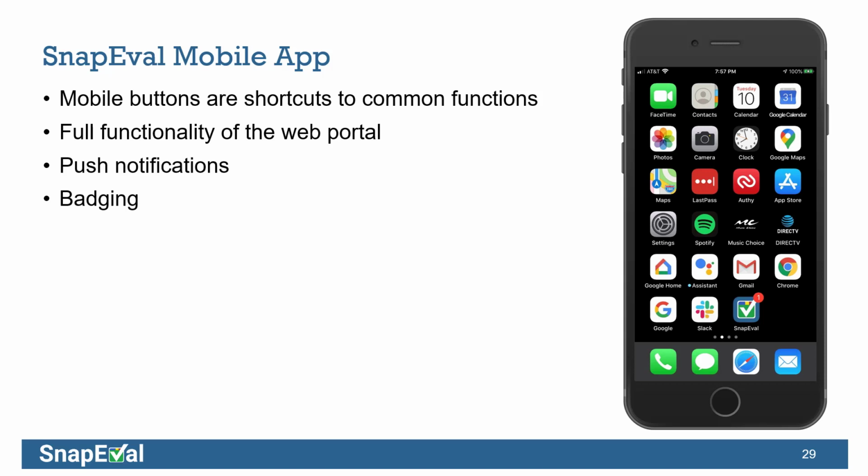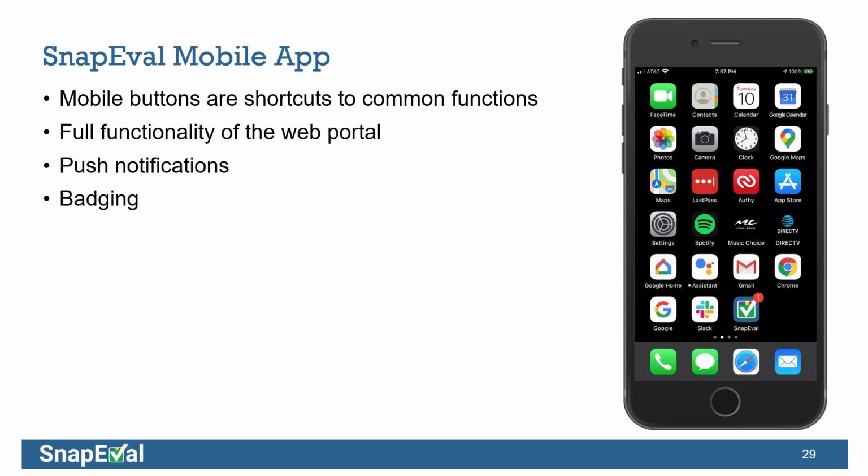It tells you how many activities there are for you to do in the SnapEval system. If you're on an Android device, the red circle with a number in it indicates how many push notifications you've received from the SnapEval system. So a little bit different based on how the 2 different platforms operate.